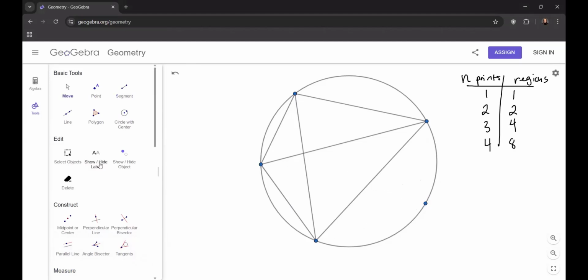So now we're on case 5, we have 5 points here, and we're trying to figure out how many regions we are going to end up with. So I thought about this as, okay, what happens when I connect to the existing points?